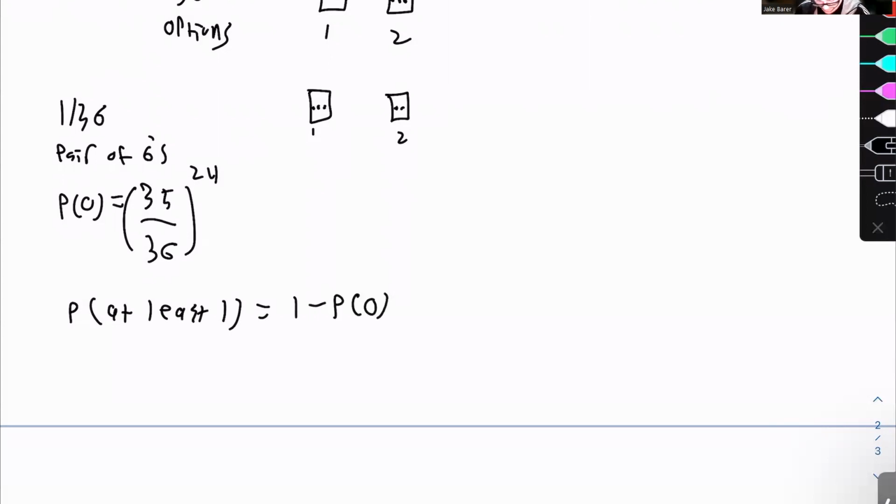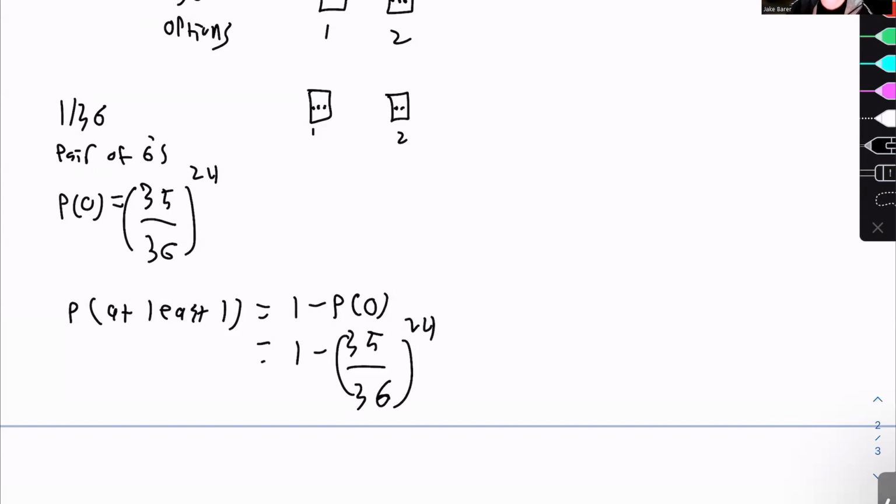This is a general thing: if you see on a quiz something like, what's the probability of getting at least one thing, that should be a very big hint to think about it this way, where you subtract the probability of it not happening at all from 1. So same exact thing: 1 minus (35/36) to the 24.